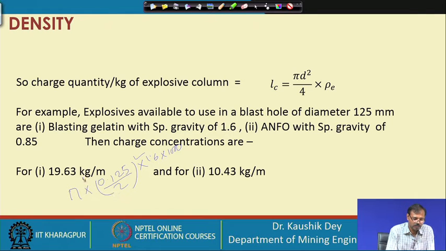So, you can find this is 19.63 kg per meter. Similarly, in that case it is coming 10.43 kg per meter. So, this shows the blasting gelatin is showing almost double charge concentration over ANFO.